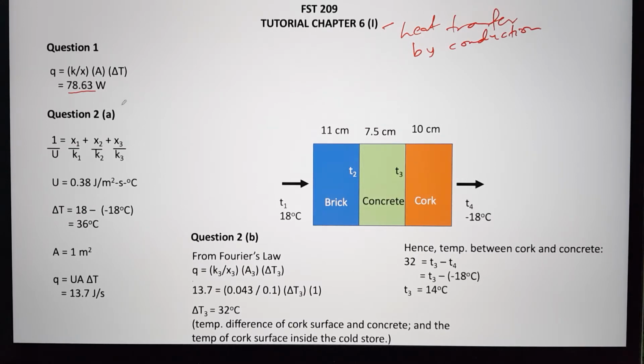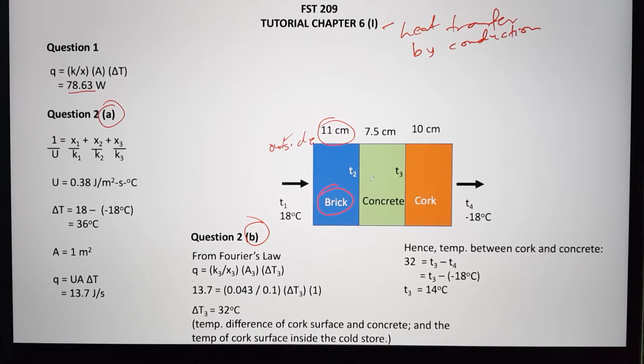For question number 2, you have question 2A as well as question 2B. For question 2A, a coal store has a wall comprising 11 cm of brick on the outside. This is the diagram that I have drawn for you, so you can refer to it. The first material is brick and the thickness is 11 centimeter, on the outside.